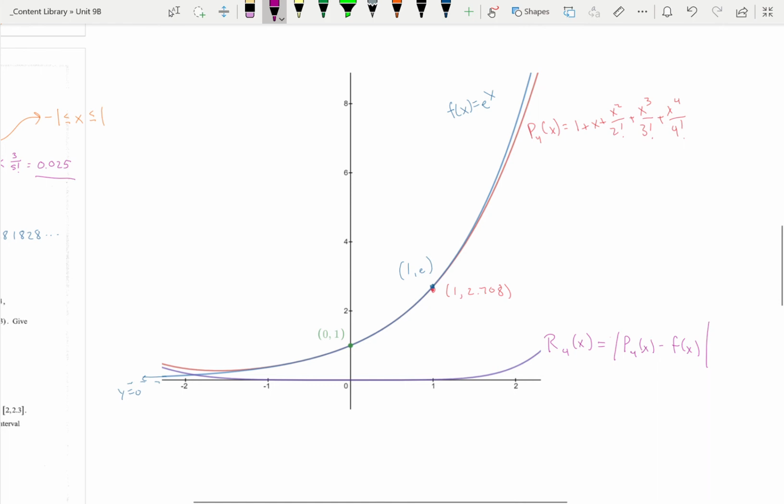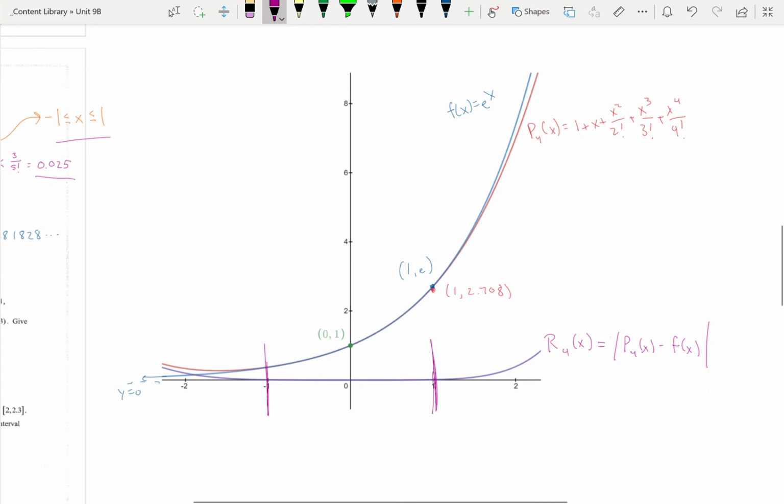And that's not everywhere, but that's in this interval right here. So between -1 and +1, the y values of this purple function are so small, they're in fact smaller than 0.025, guaranteed. And you can play around with this and see that it is in fact true if you type that into a calculator.